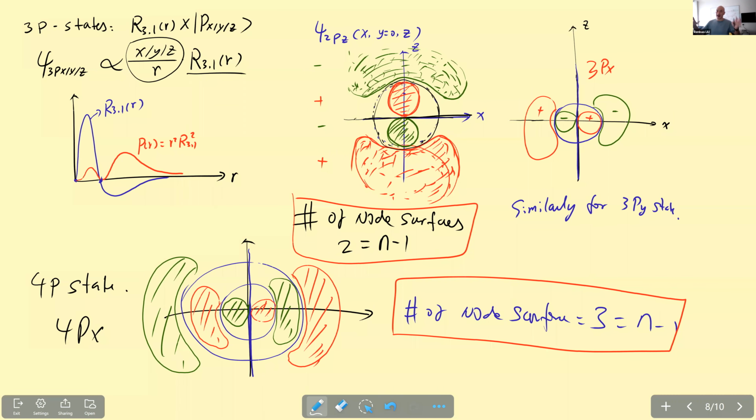If you fix the energy to be minus Rydberg over n squared, then to fit into this energy, the number of oscillations this function could have in the 3D space is fixed. It's always n minus 1. So check this for other states.